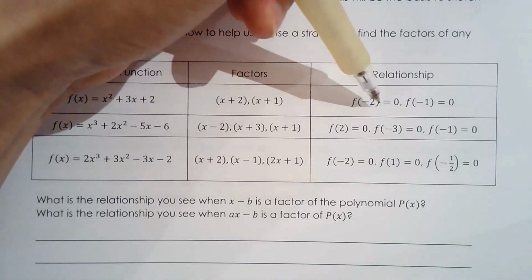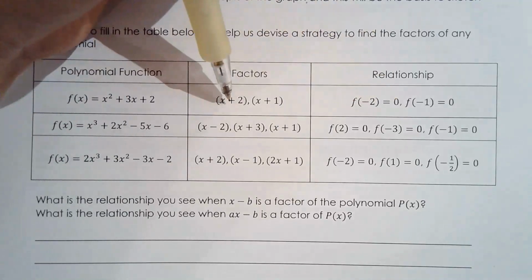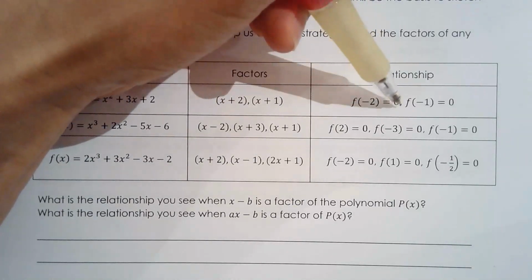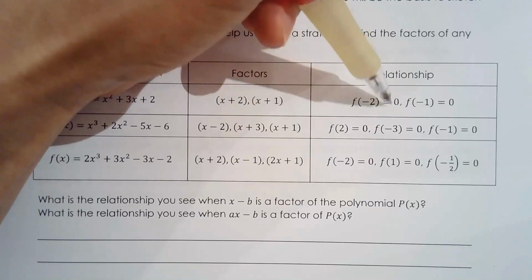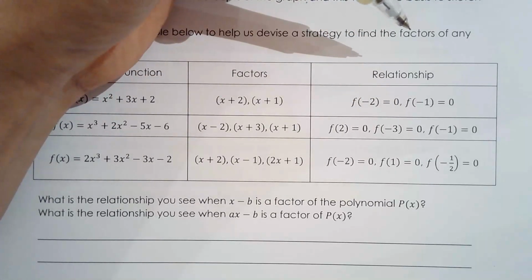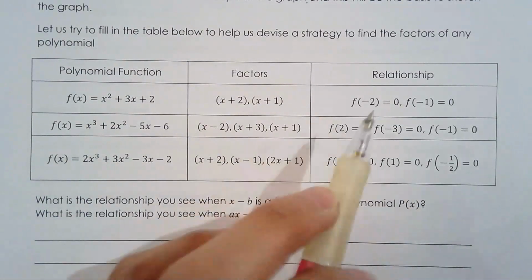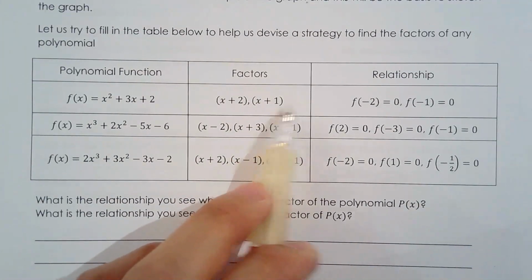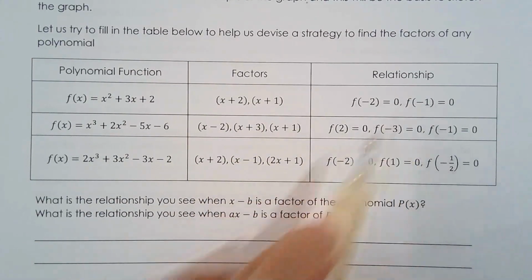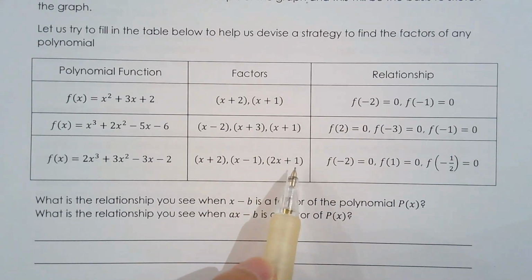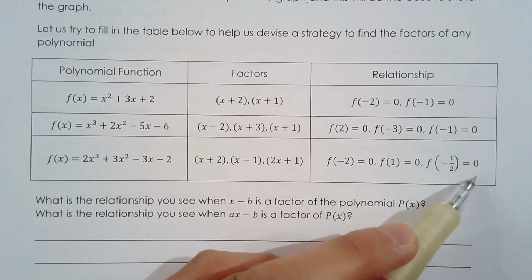Remember what we learned in the previous lesson? If x plus 2 is a factor, you need this to be equal to 0, because the remainder must be 0. That's what it means to be a factor. The remainder is 0. You can go on and on. x plus 1 is a factor, so f of negative 1 is 0. 2x plus 1 is a factor, so f of negative half is equal to 0.